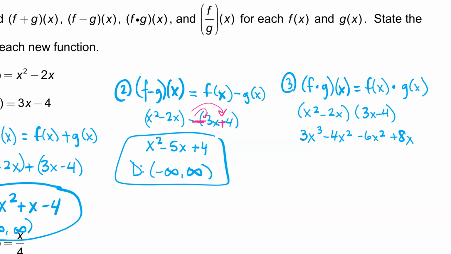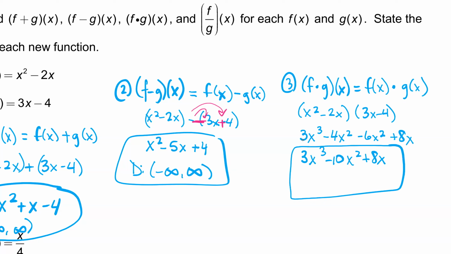So combine like terms. I have 3x to the third minus 10x squared plus 8x. I just want it simplified in the sense that you combine like terms. I don't need to factor it because I'm not trying to solve. It's not equal to 0. What will the domain for this be? All real numbers. Once again, this is a polynomial.